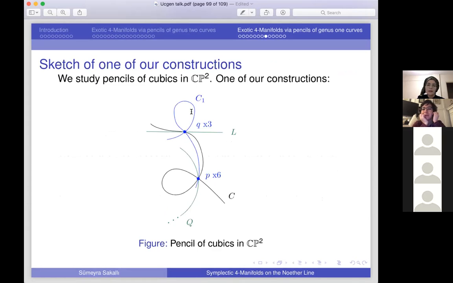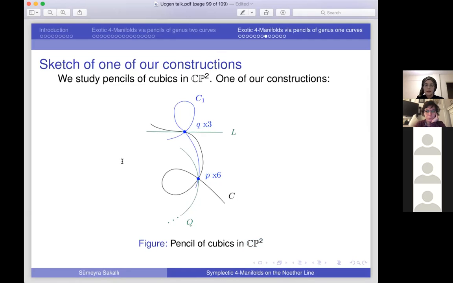And here C1 denotes a cubic, C is another one, and L is a line, Q is a conic, and their union is another member of that pencil. So their degree is 3 in total. And P and Q are the base points of that pencil, and their multiplicities add up to 9. And this configuration is lying inside the complex projective plane CP2.